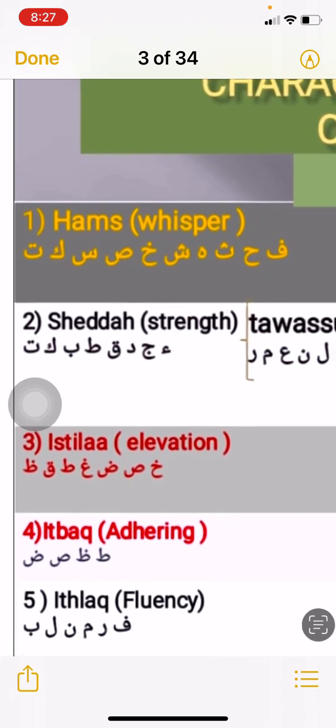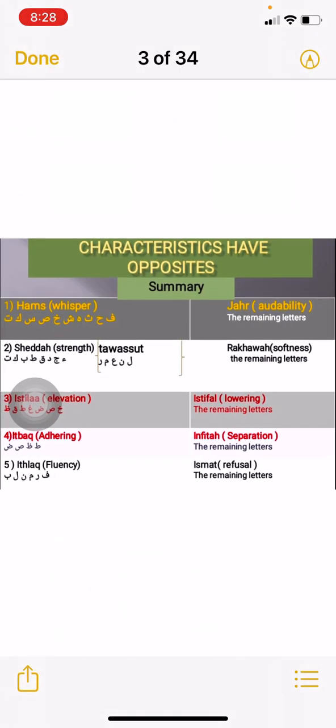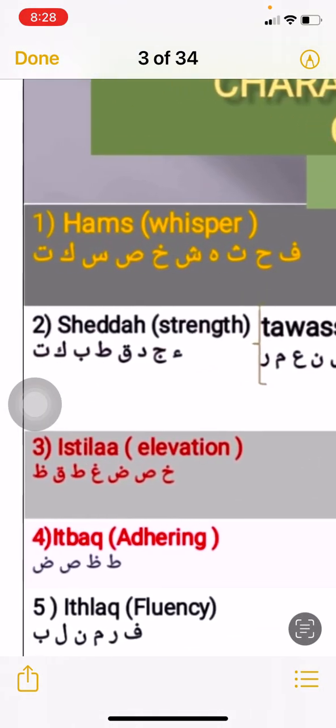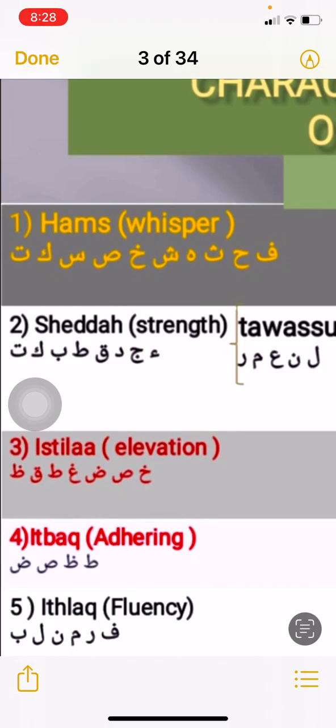Now we are going to have another one, which is استعلاء or elevation, and it's present with the letters خص ضغط قظ, where it means raising the back of the tongue, which causes a heavy sound of the letter.